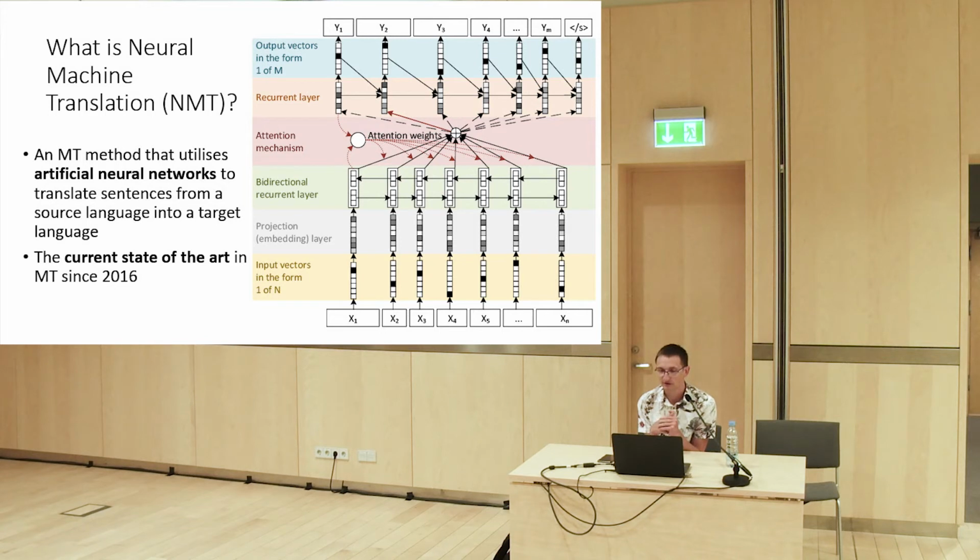So the task of a neural machine translation model is to analyze the source sequence, encode it, and then decode the source sequence into a target sequence. We'll look at how this works in the next couple of slides. This architecture is not one we are currently using, but it was state-of-the-art till 2017, and it's very good for explanation purposes, therefore we'll use it in this talk.